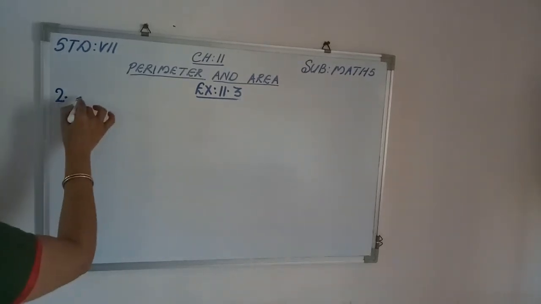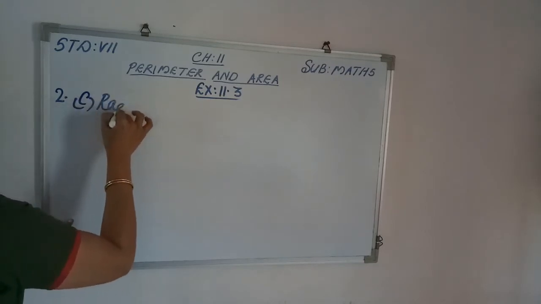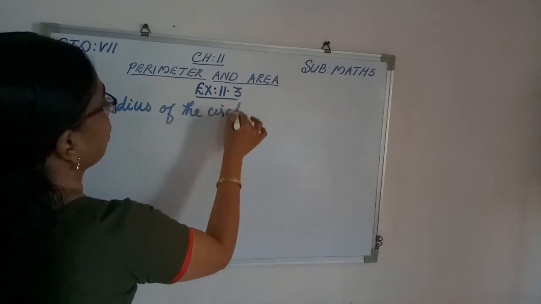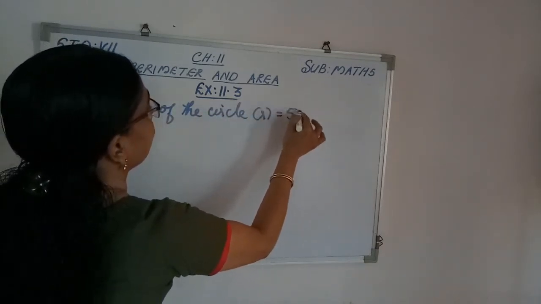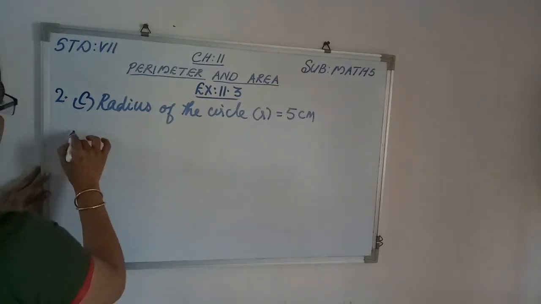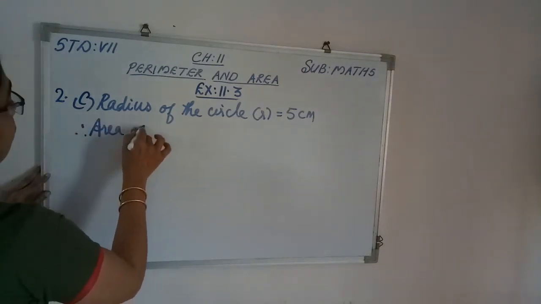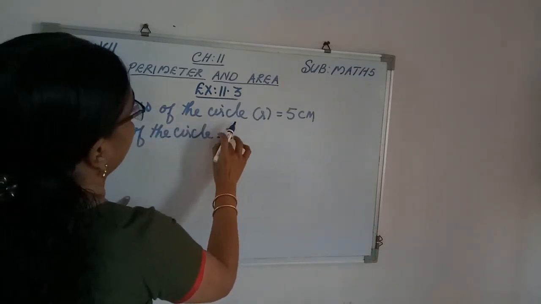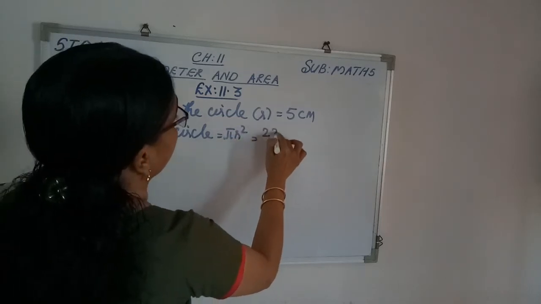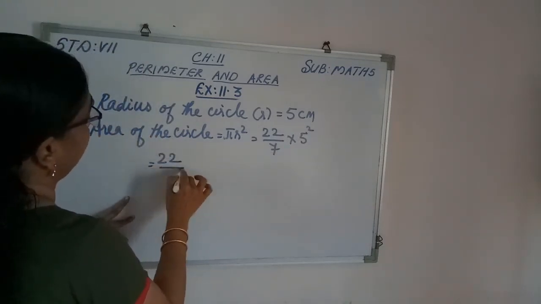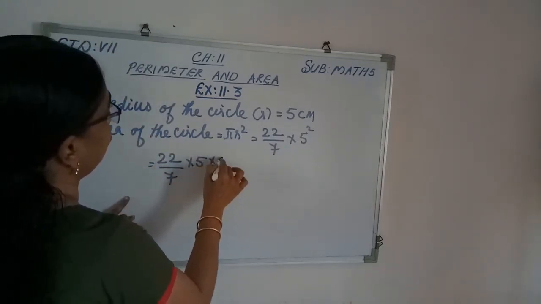Now see, radius of the circle is 5 centimeter. Then area of the circle, what's the formula? Pi r square. 22 upon 7 multiplied by 5 square, 22 upon 7 multiplied by 5 into 5.